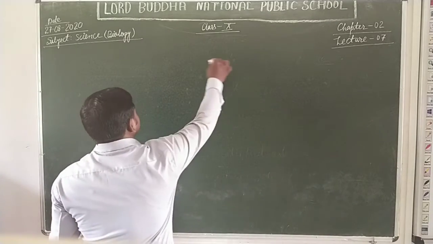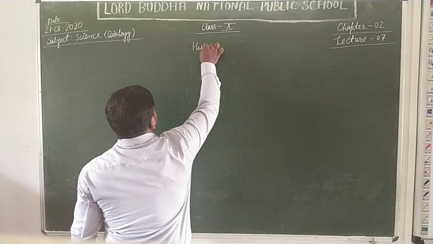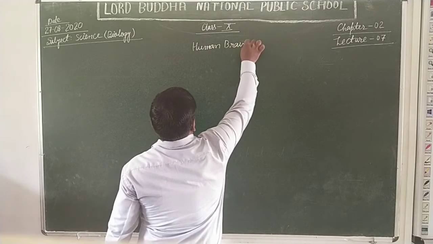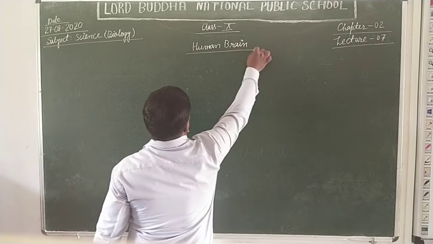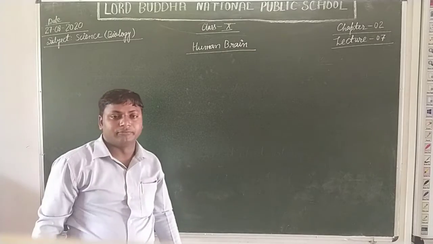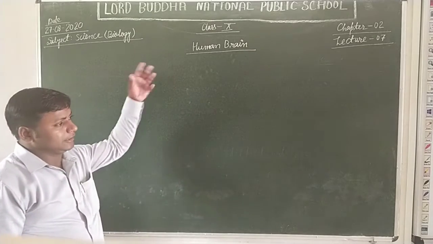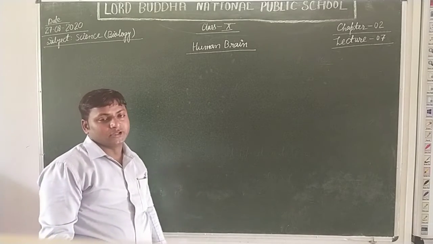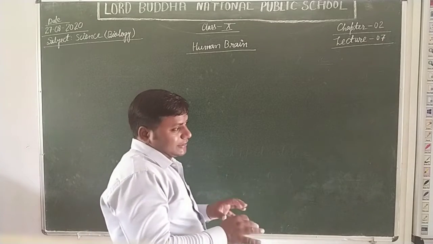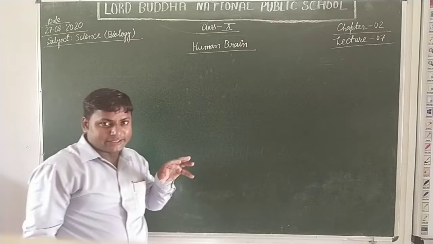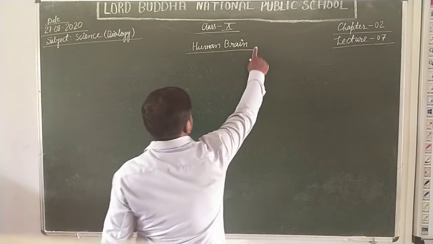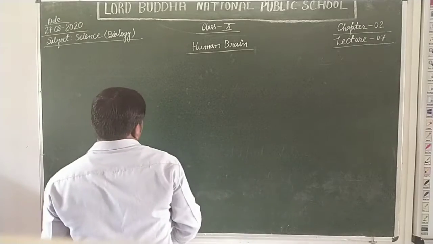First of all, the human brain weighs about 1.4 to 1.5 kg. It is a somewhat walnut-shaped structure, and it is primarily divided into three parts.